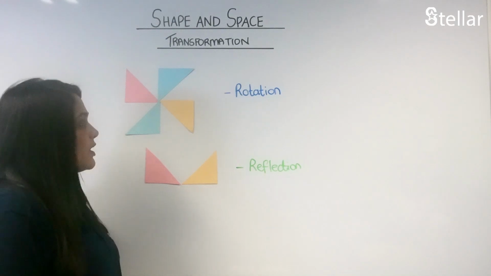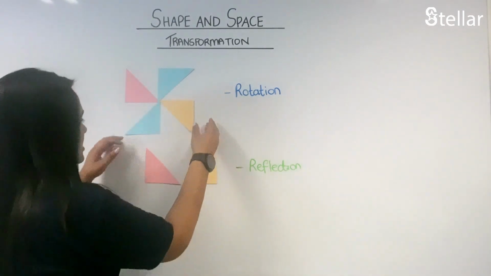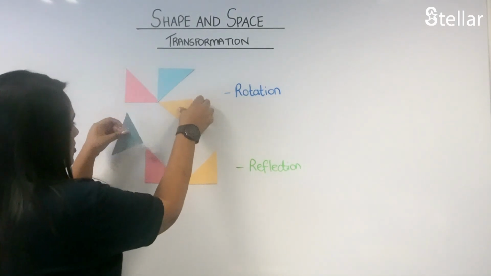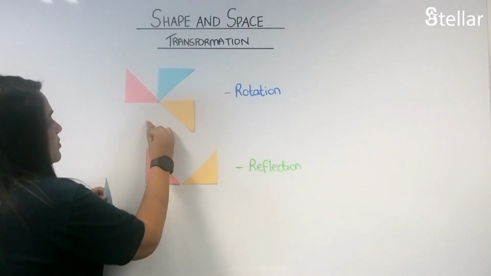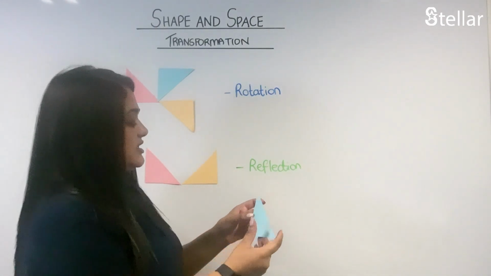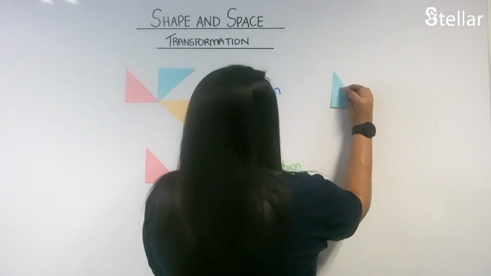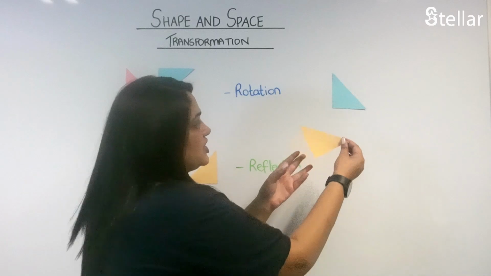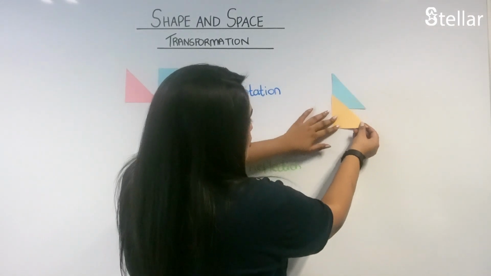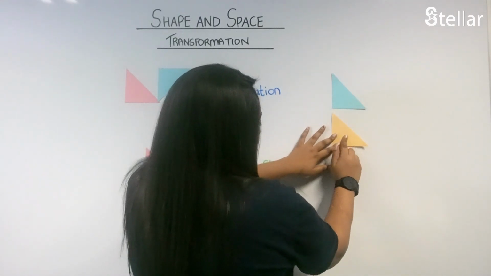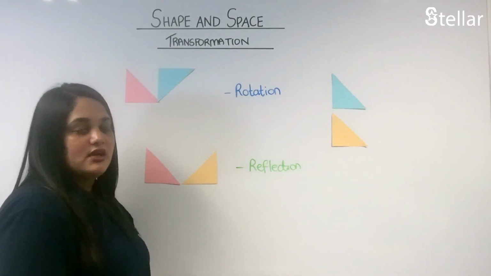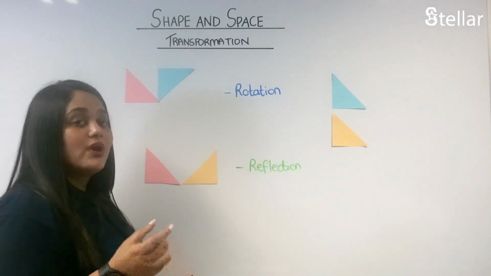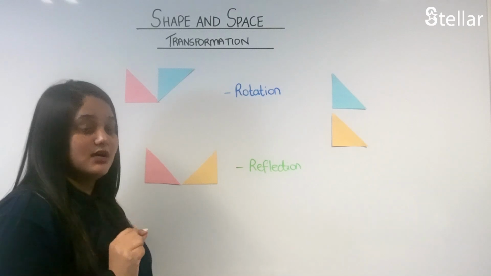Okay? What if, let's use these two triangles, or one of them. If I had this triangle here, and then I take the other one, if this triangle was moved, all I did was move it. What did I do? What is the transformation term?